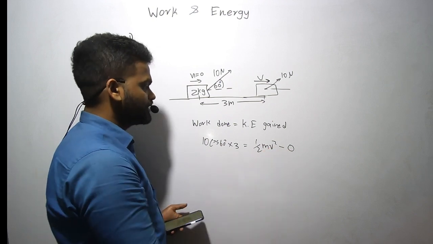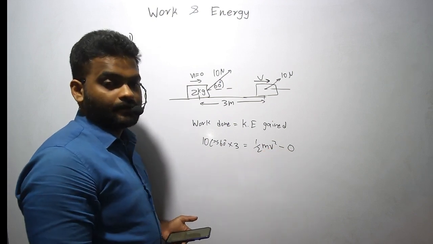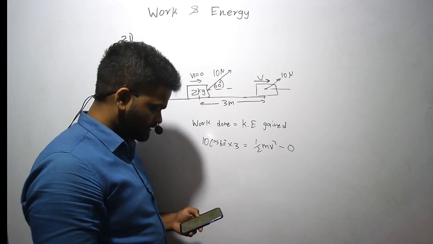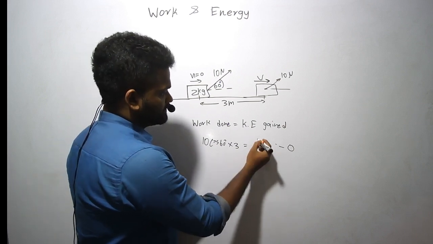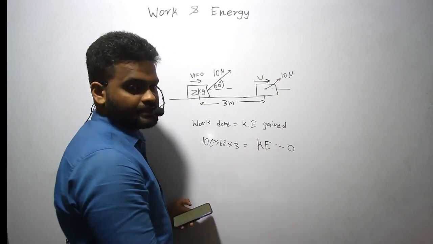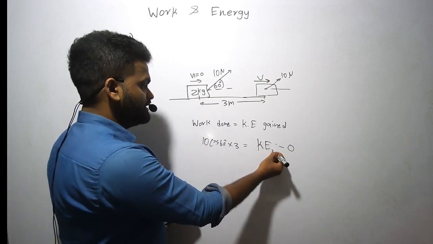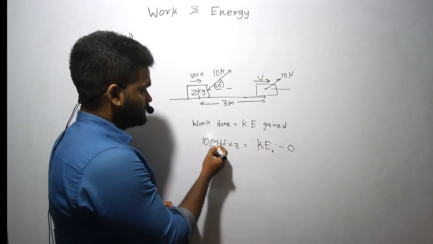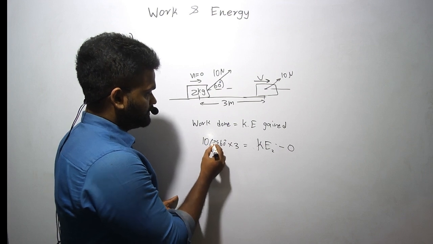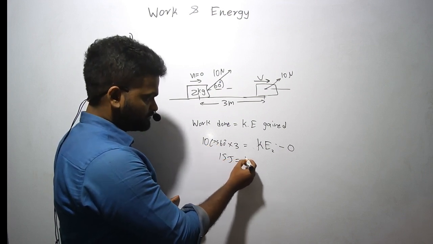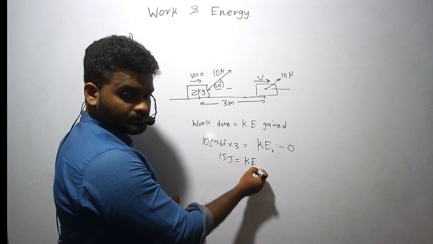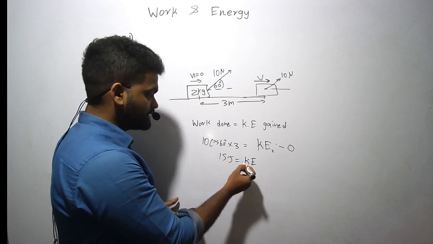So using this you can find the velocity. Actually, they ask for kinetic energy gained, so what do we get? 15 joule. Third one, not the fourth one. Yeah, answer is third one. Understood?